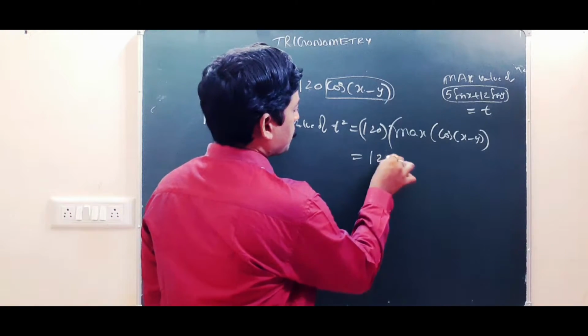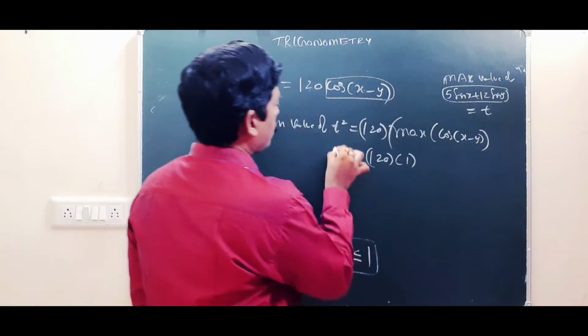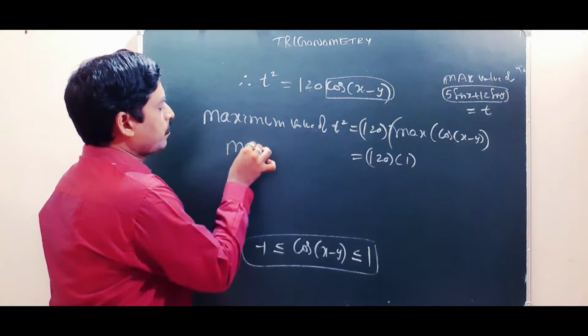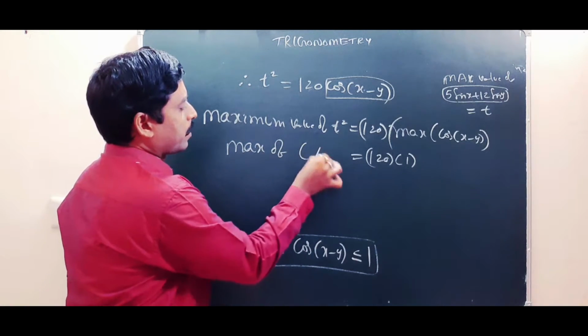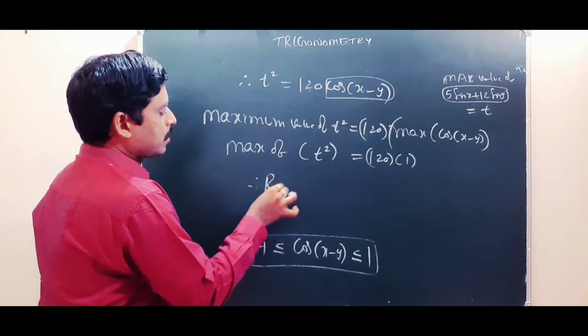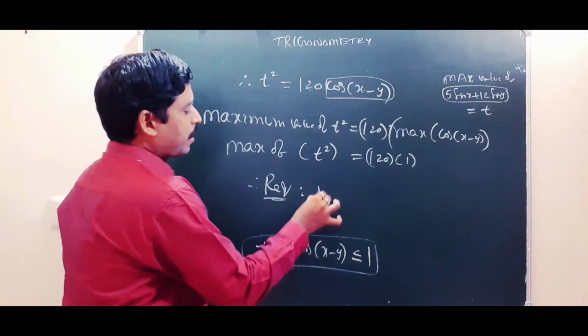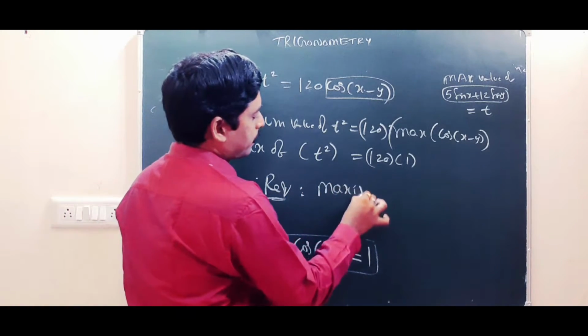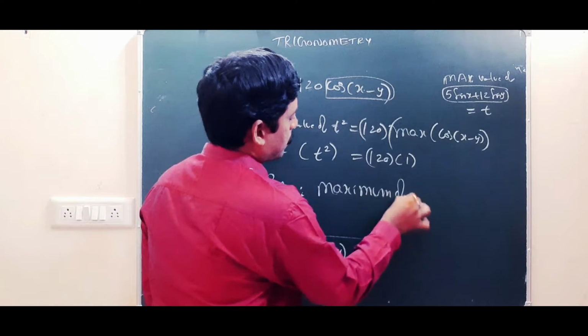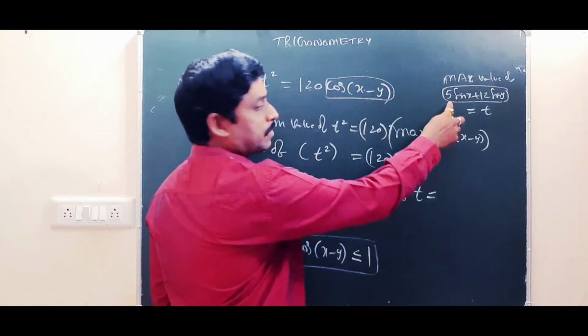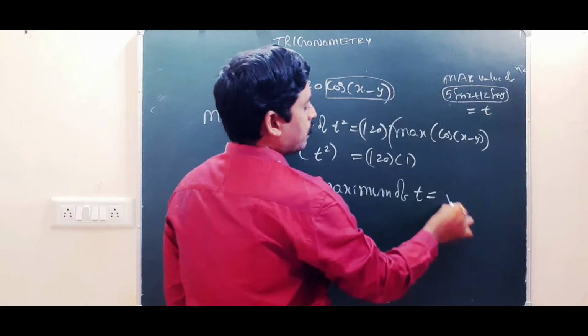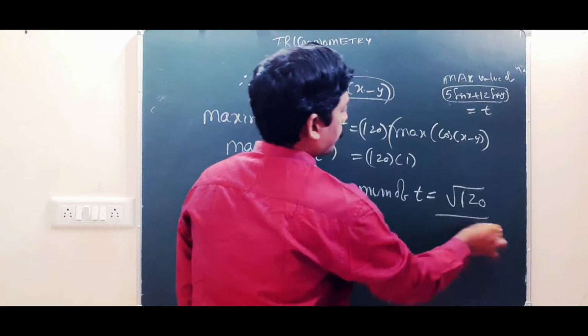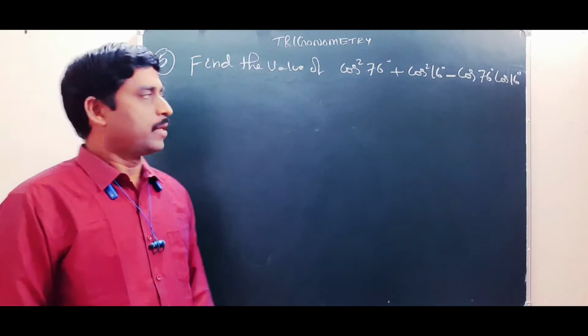So 120 times 1 is the maximum value of t square. But what is required is the maximum value of t, and t is nothing but 5 sin x plus 12 sin y, equal to root 120. Okay, look at the next question.